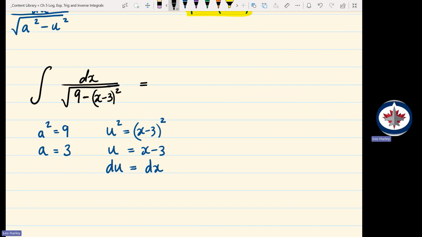Now that I've dealt with the du properly, I'm okay with you just telling me that this is going to be equal to, well, it's arc sine. It doesn't worry about something coming out, so it doesn't have the 1 over a. The other two do. U happens to be x minus 3. A happens to be 3. And at the end of the day, plus C. How do we feel? Good?